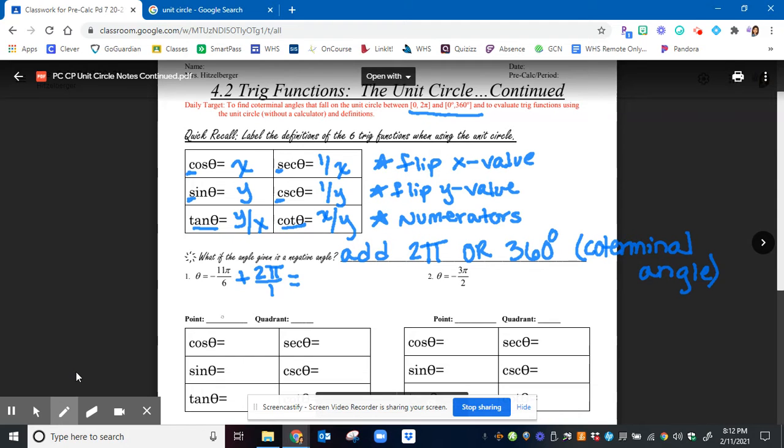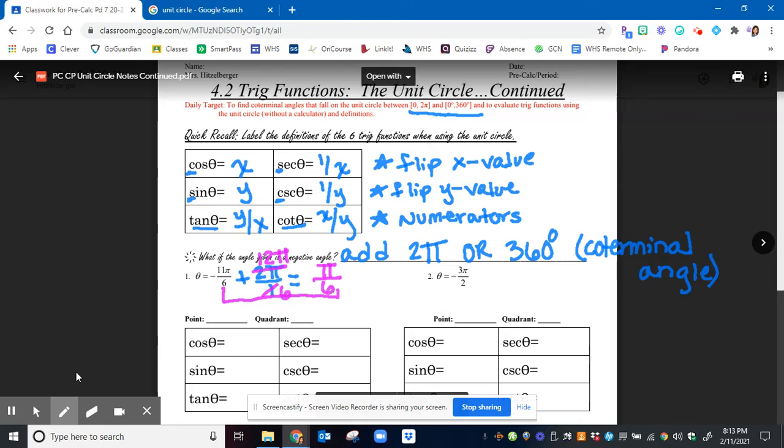So what's my common denominator? My common denominator is 6, so I'm going to make this a 6 on the bottom. This then becomes 12 pi, and I slide my 6 over, and then I have negative 11 pi plus 12 pi, which is just 1 pi, or pi over 6. Once I have that, these two angles are coterminal to each other.